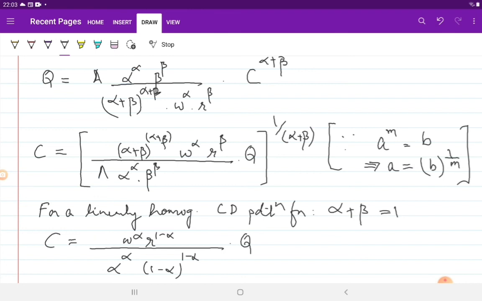A comes in the denominator. Here, since alpha plus beta is equal to 1, I have expressed beta as 1 minus alpha. And thus we have derived the cost function associated with the linearly homogeneous Cobb-Douglas production function.